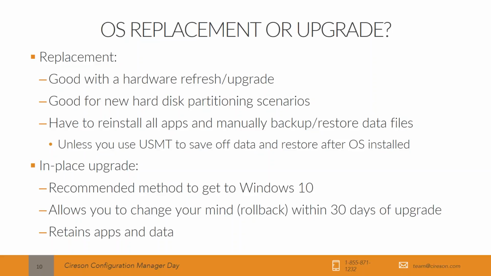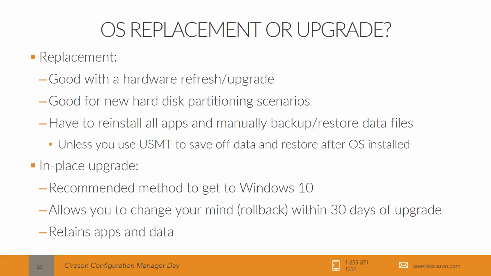Now, replacement, which is more what we're going to talk about today, is good when you want to have a hardware refresh scenario. So your hardware is out of date. You want to replace the hardware. You're going from x86 to x64 architecture. You want to repartition the hard drive, maybe go from multiple smaller partitions to one huge one, or whatever the case is.